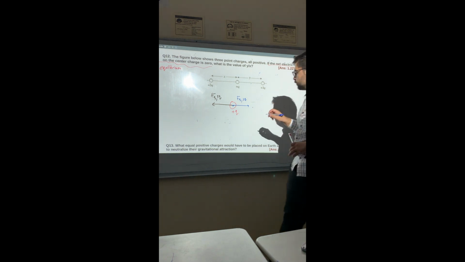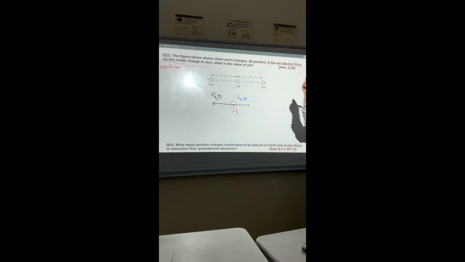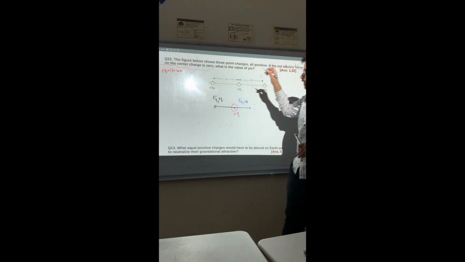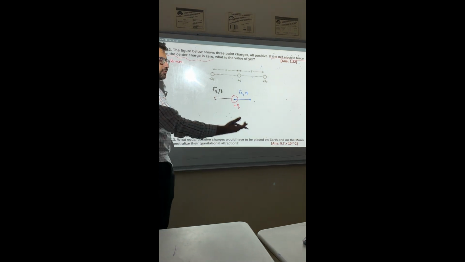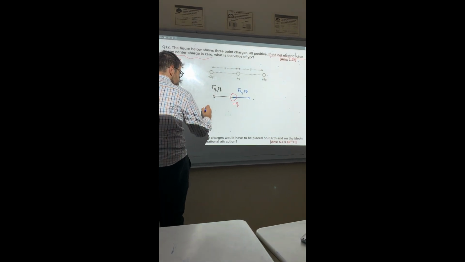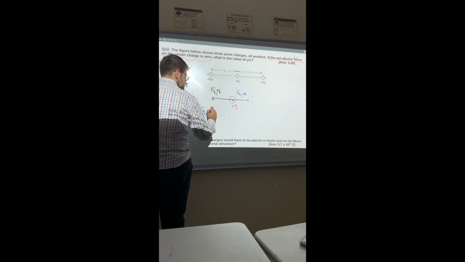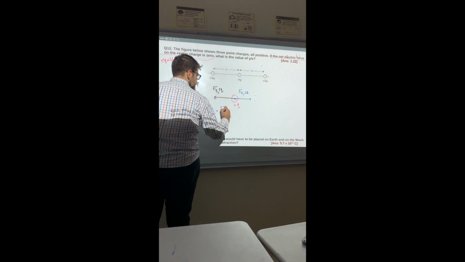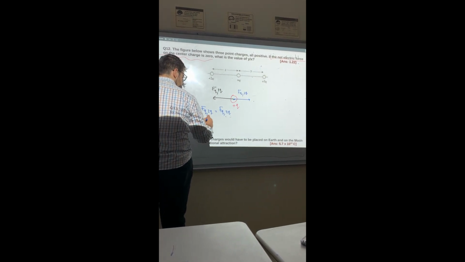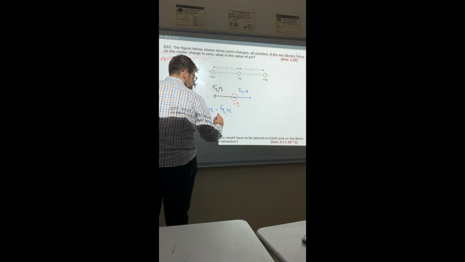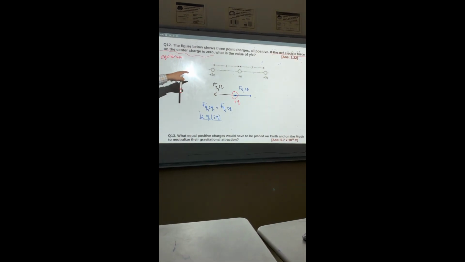So now, we know that this force should be equal to this force. Why? Because of equilibrium, which means that net force is 0. So the net force on the right side should be equal to the net force on the left side. So we say that force of Q and 2Q is equal to the force between Q and 3Q, which is K Q times 2Q over, what's the distance between Q and 2Q?